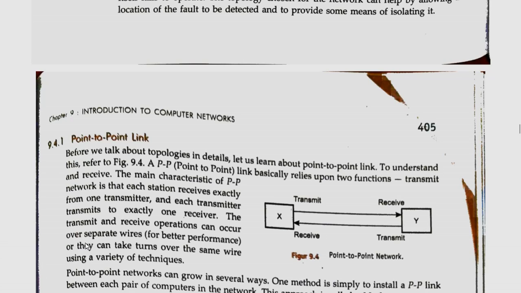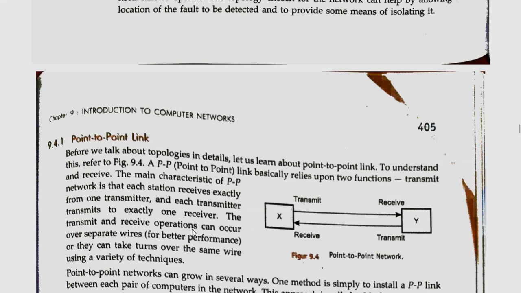Before we talk about topologies in detail, let us learn about point to point links. A link basically relies upon two functions, transmit and receive. Obviously, if you are having a particular network, there should be two types of functioning: one is transmitting the information, and the second is receiving the information. Here you can see there are 2 points x and y, and they are simultaneously transmitting and receiving the particular set of information.